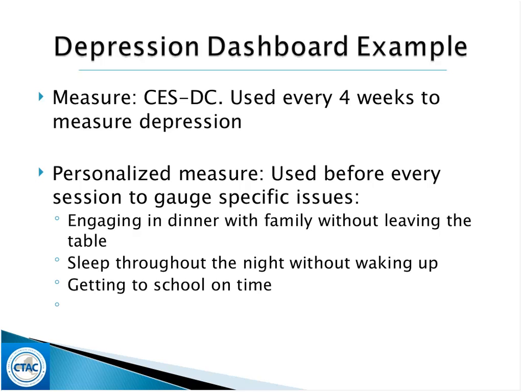It usually takes about 3 assessments to get some sense of whether the information you're getting from a measure like the CESD is telling us something about the general functioning of a child. So if you're looking at using something like the CESD, or the other measures that we mentioned, it will be important to try and use this at the very minimum every 4 weeks, or every month, to assess depression.